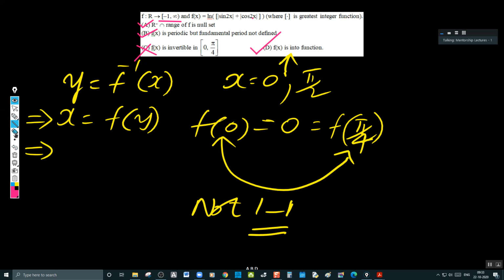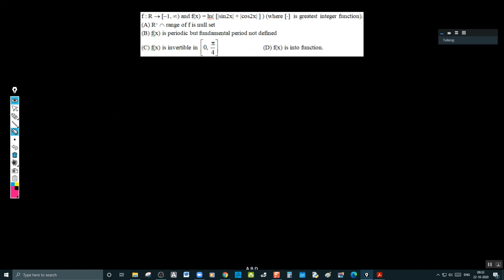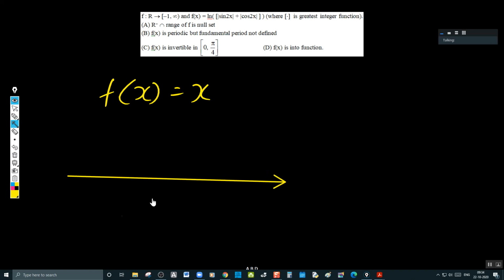If you take a function f(x) equal to x, for example, then if you draw the graph of it, this is nothing but y is equal to x.